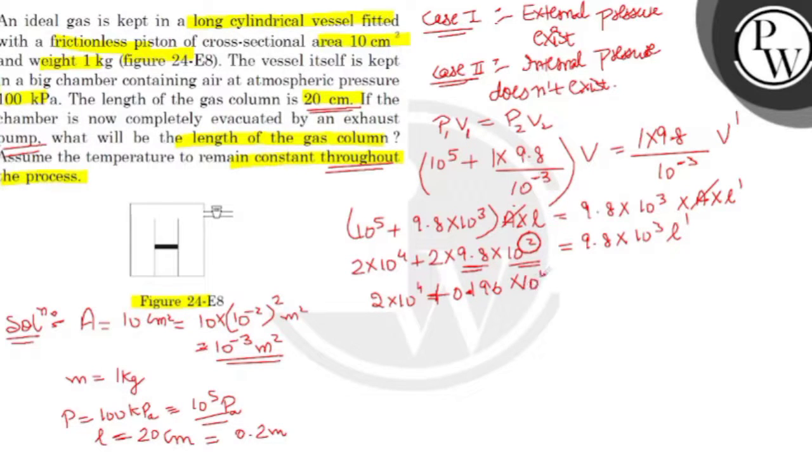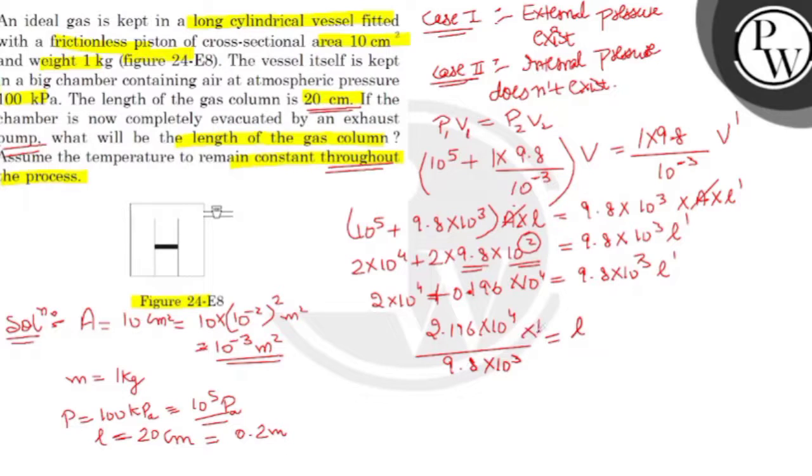Here is 10 power 4, 9.8 into 10 power 3 L dash. And here we get 2.196 into 10 power 4. This term is divided by 9.8 into 10 power 3, which is equal to L dash.